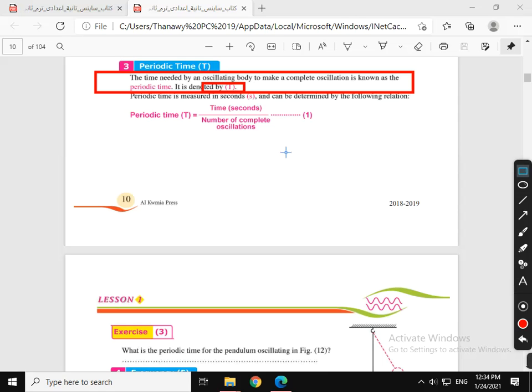So to know the periodic time, we must divide the time in seconds over the number of complete oscillations.